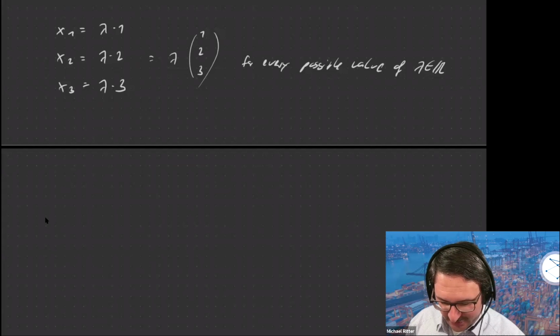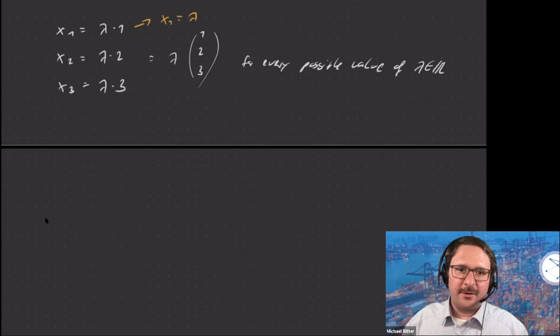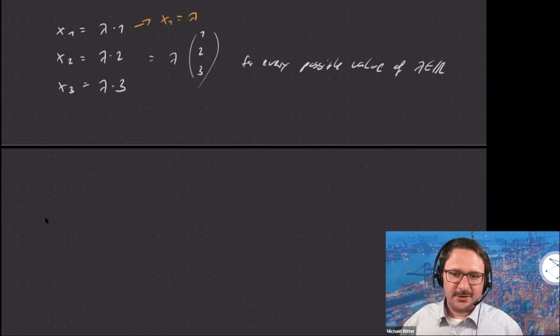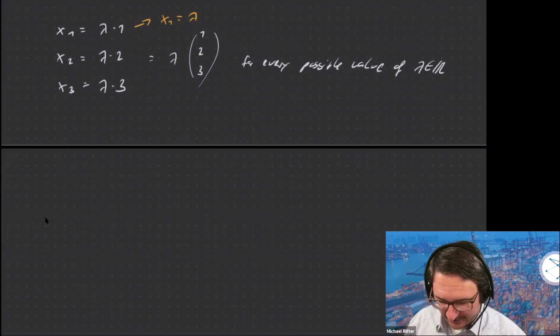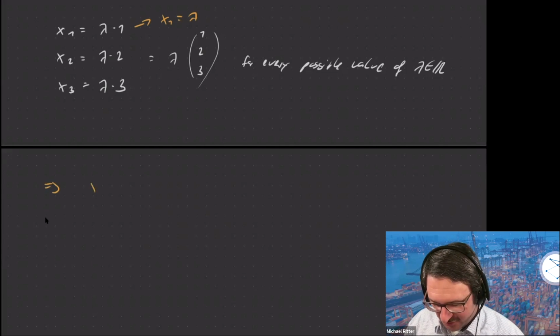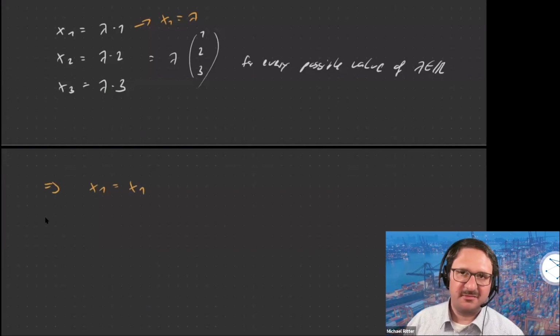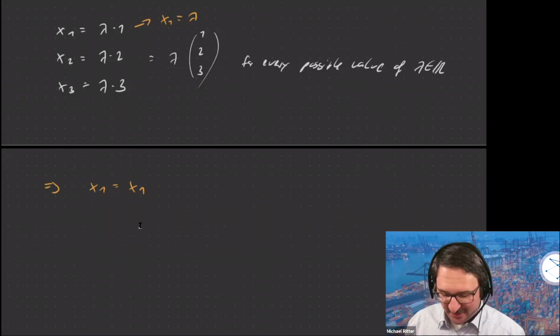Because what the first equation says is that x1 is equal to lambda. That's what our solution must have: x1 must always be equal to lambda. So we can just write x1 in place of lambda. The first equation would just be x1 equals x1, which doesn't make a lot of sense; it doesn't really do anything.